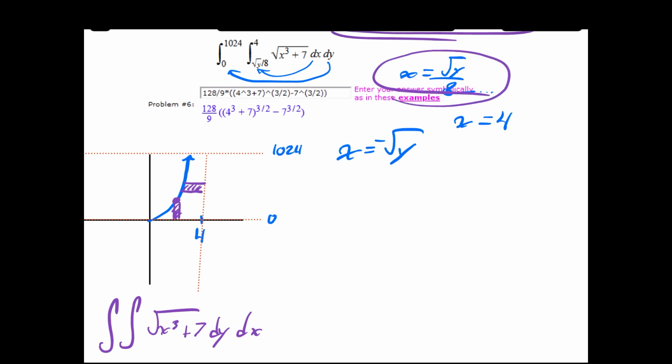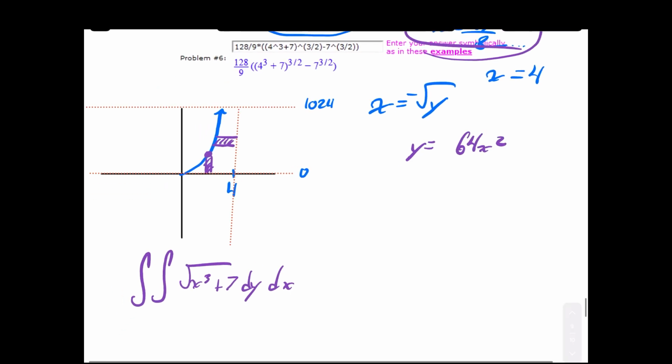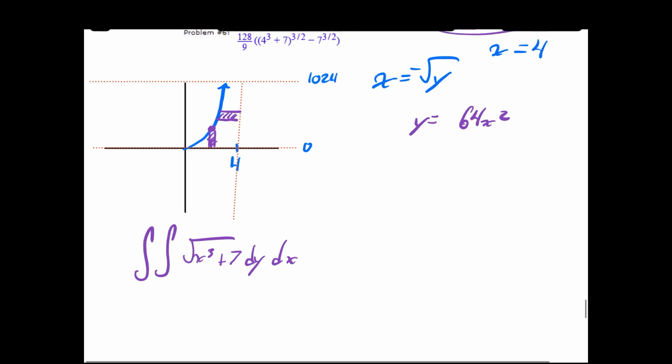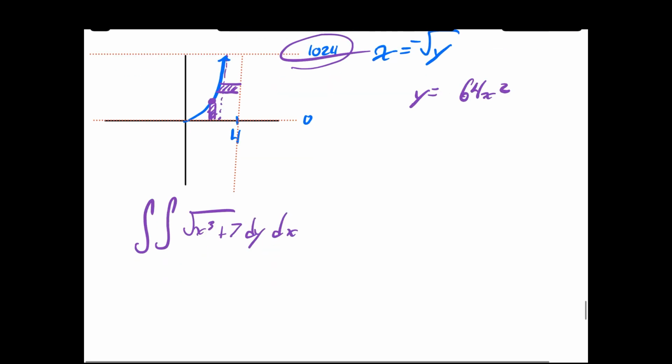And so if I take this and resolve, I'm going to have y equals 64x squared. So that's what we have to start with. And then we're going to keep integrating upwards until we hit the top, which is 1,024. So I'm going to go from 64x squared to, sorry, that's incorrect.